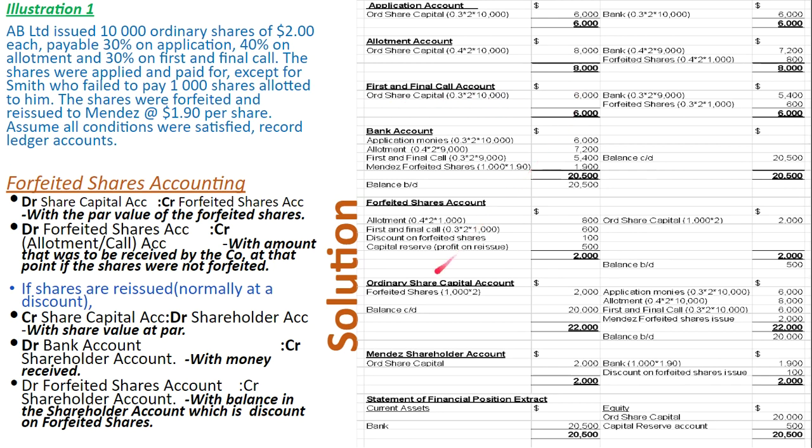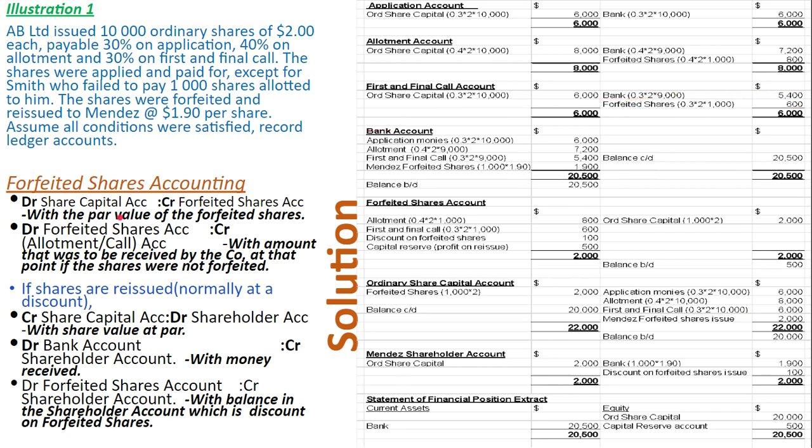Double entry, ordinary share capital account, first and final call, 30% times 2 times 10,000 to give us $6,000. Again, we note that the company did not receive payments for 10,000 shares because Smith failed to pay 1,000. Therefore, we remain with 9,000 shares paid for on first and final call. Therefore, we will say 30% times 2 times 9,000 to give us 5,400.